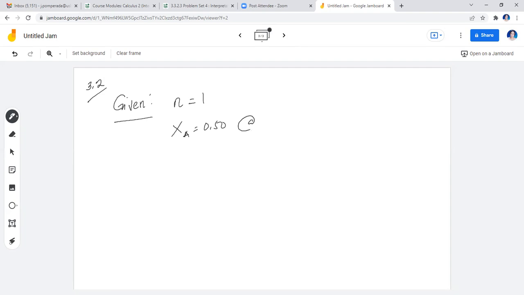So at t equal to 5 minutes. You are asked, based on this information, how much longer? So it's asking for the time when X sub A is equal to 0.75.